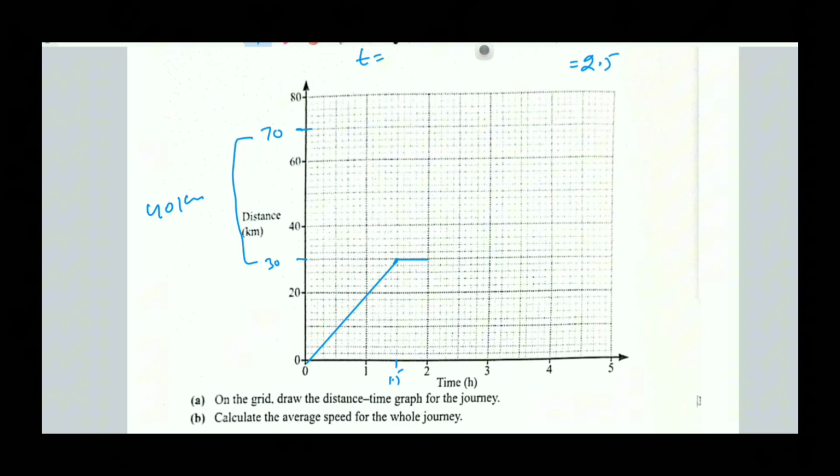It means time is 2.5 hours. 2.5 hours will be here. This is the point. 2 hours. 1 hour, 2 hour and 0.5 hour. 2.5 hour. So 2.5 and 70 will be this point, and you will complete the graph like that. Okay. So this is the way how you will complete the graph.